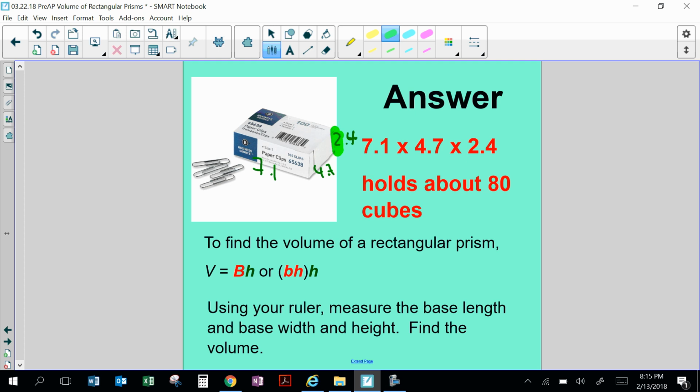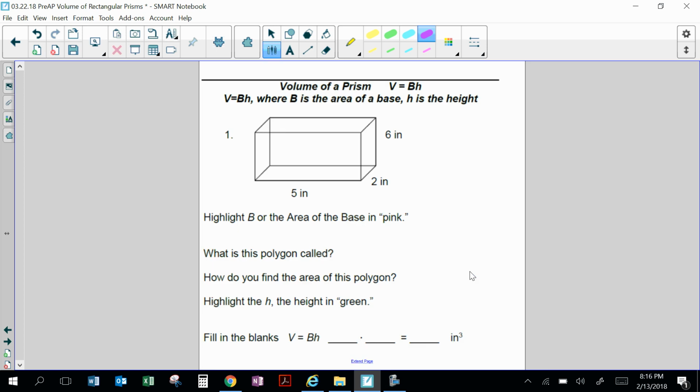This represents the height, and this represents the base of it. So we multiply the base of the rectangular prism, which is a rectangle, times the height. So the answer is 80 cubes. So let's practice with some problems.